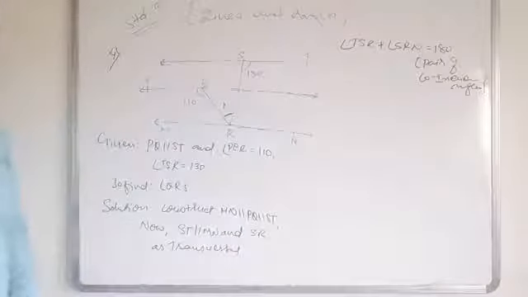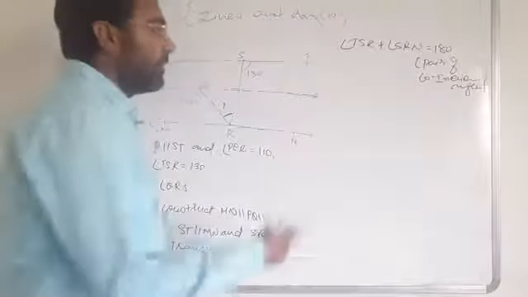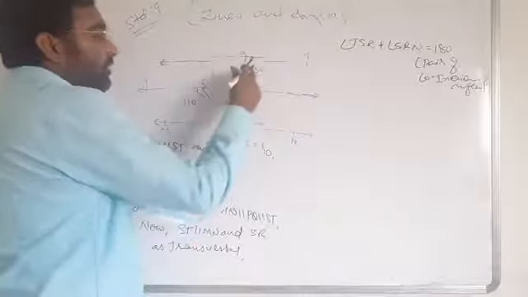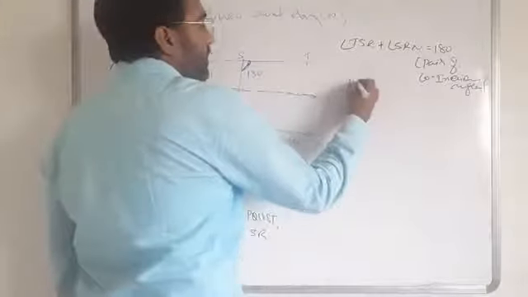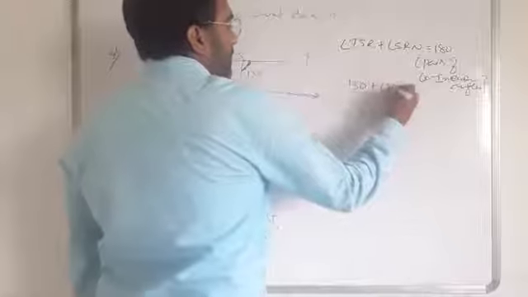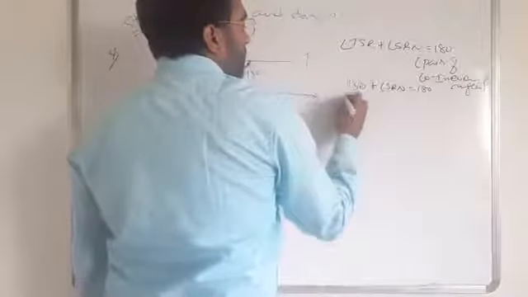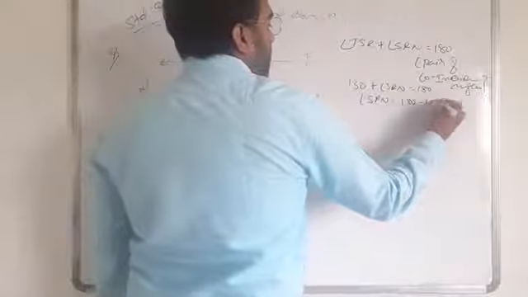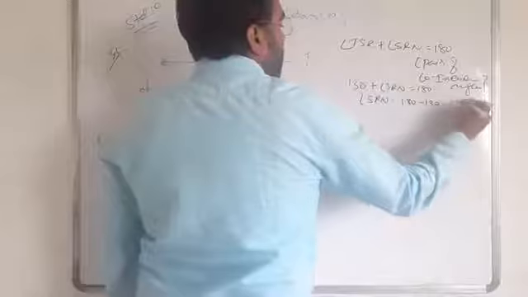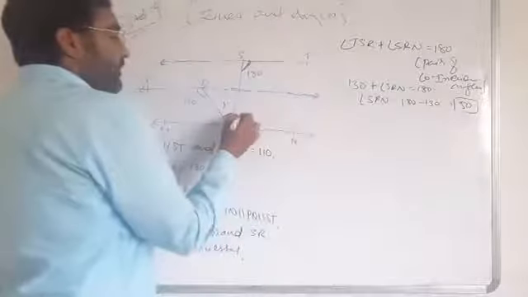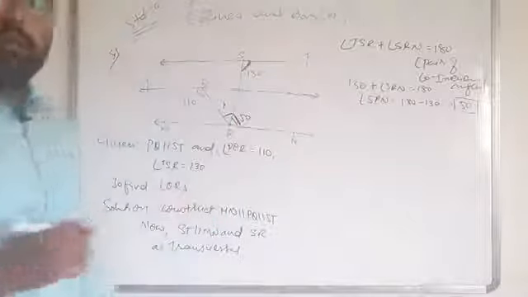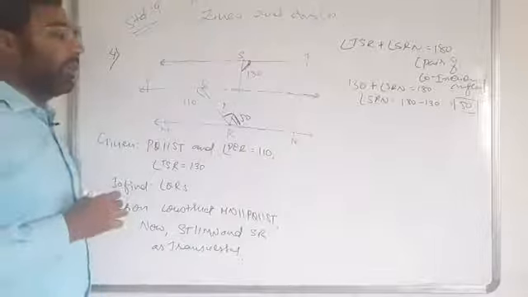Now TSR is given as 130 plus SRN equals 180. Therefore angle SRN equals 180 minus 130, that is 50 degrees. So this part of the angle is equal to 50 degrees.